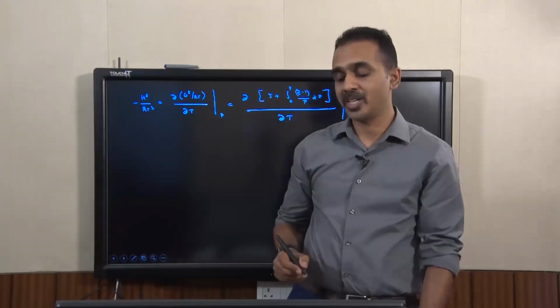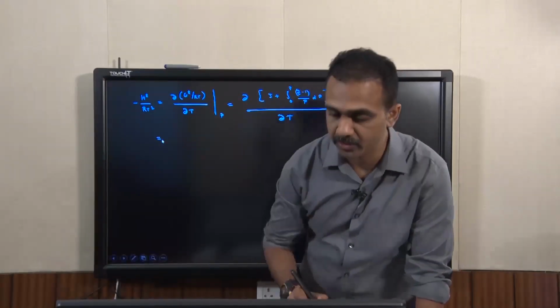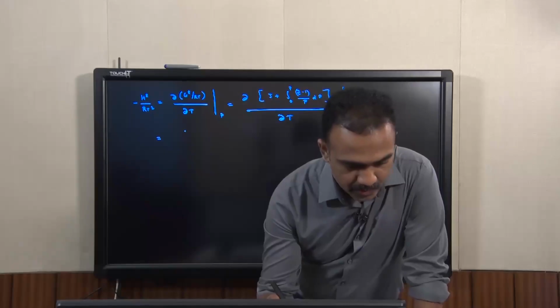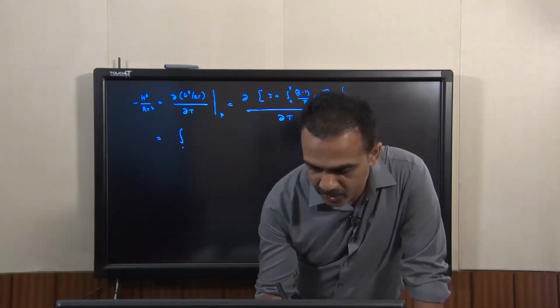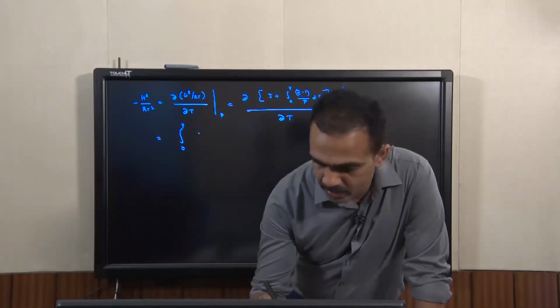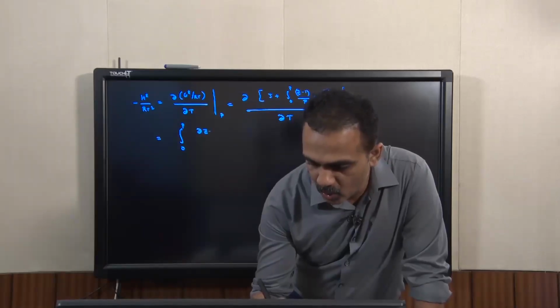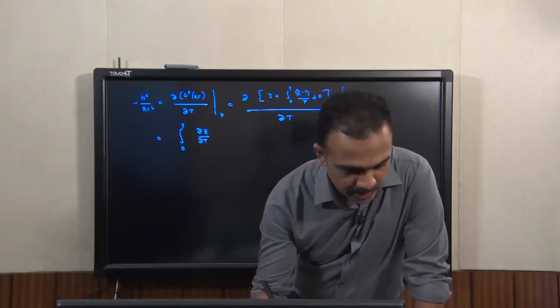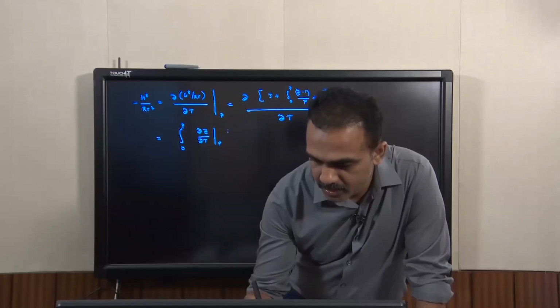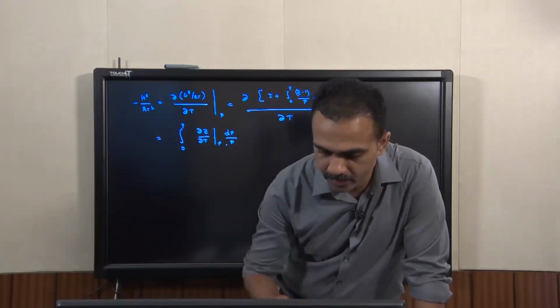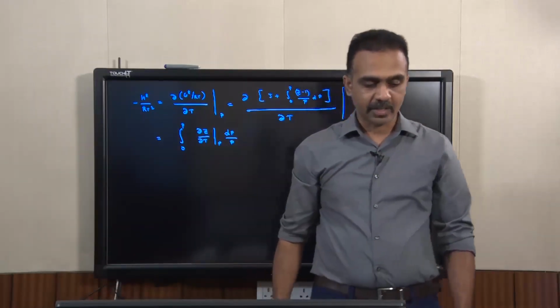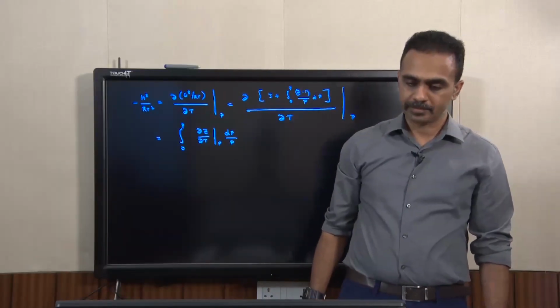Remember, J is a constant independent of temperature, so that first derivative will go to 0, so that this becomes integral 0 to P dou Z over dou T at constant P dP over P. That will be negative HR by RT square.